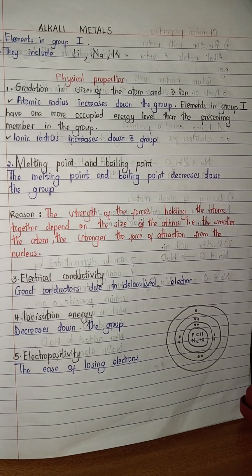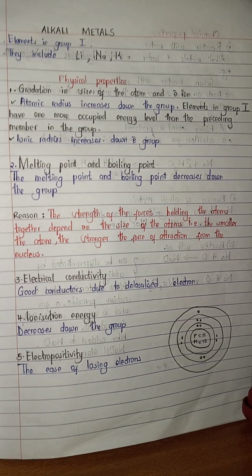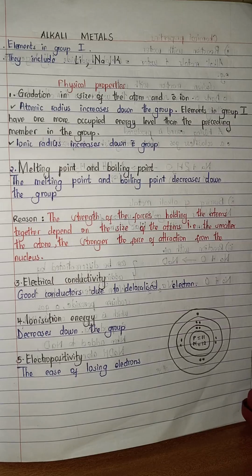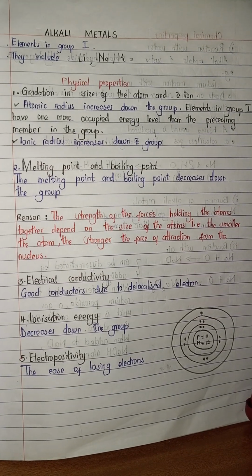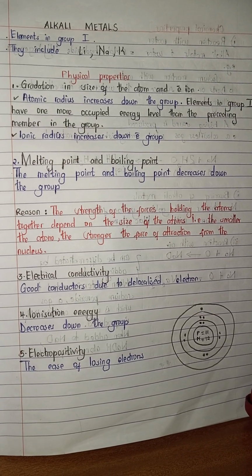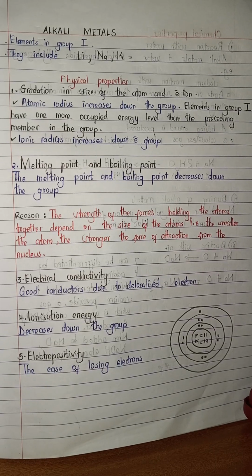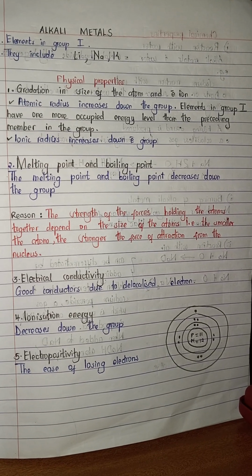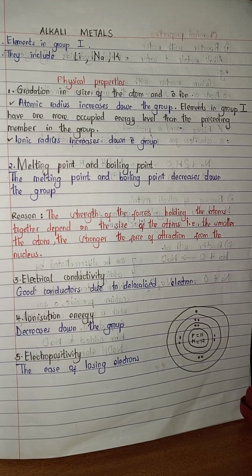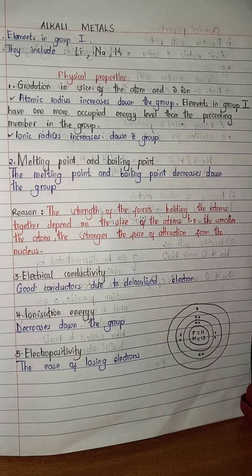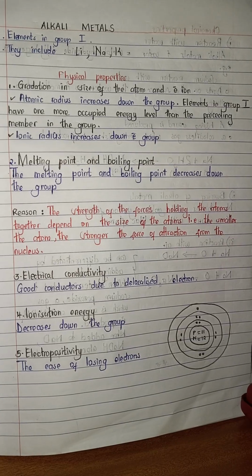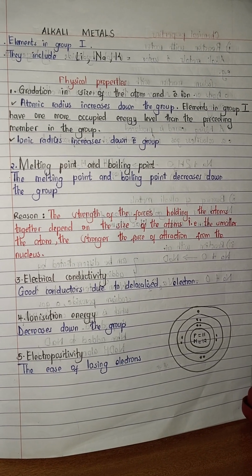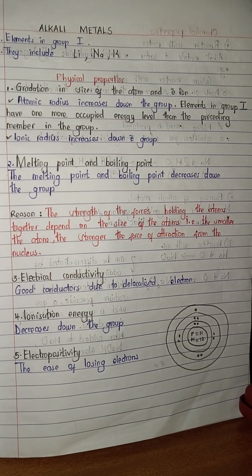The ionization energy is simply the minimum amount of energy that is required to remove an electron from the outermost energy level. Remember we said that lithium has a strong nuclear force of attraction, which means that lithium has a higher ionization energy compared to sodium and potassium.